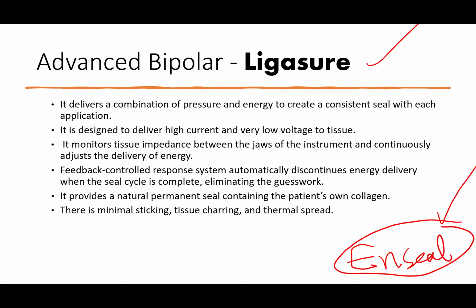There is a feedback control response system that automatically discontinues energy delivery when the seal cycle is complete, eliminating the guesswork from your visual estimation. In the conventional bipolar, you see the bubbling, the change in color and all that. No. For this, there's an alarm. When it has sealed the tissue, it will make an alarm, signifying that you can go ahead to cut the tissue without bleeding.